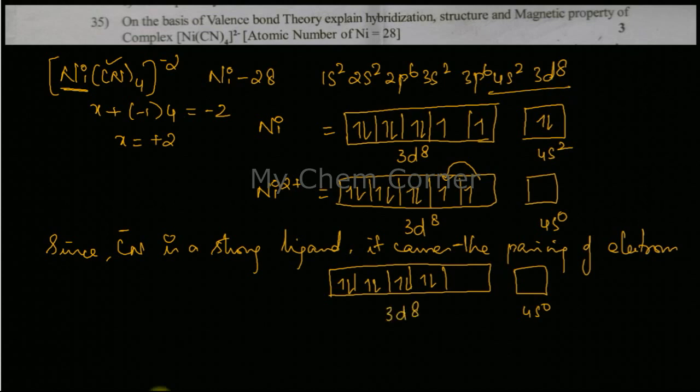Now to show hybridization, I'm going to separate the electrons that are there in the metal and the electrons coming from the ligand. These are the electrons from the metal that I just paired up. Now starting from the d orbital, how many vacant orbitals do I have? Only 2. But how many ligands are there?